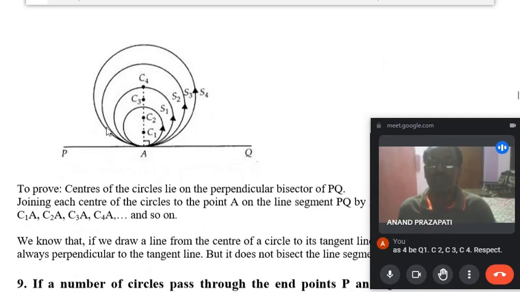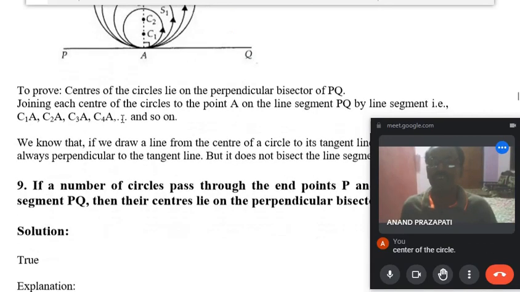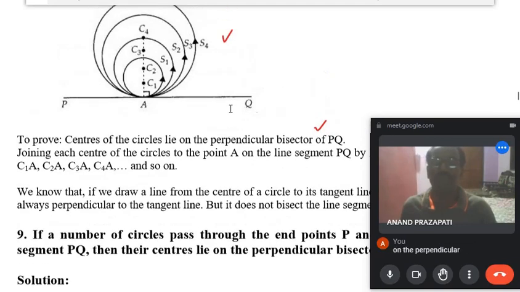Let's see the relevant figure of this question. S1, S2, S3, S4 are the circles, and C1, C2, C3, C4 are the centers of the circles. The claim is that the centers of the circles lie on the perpendicular bisector of PQ.